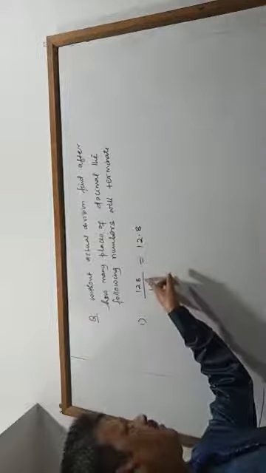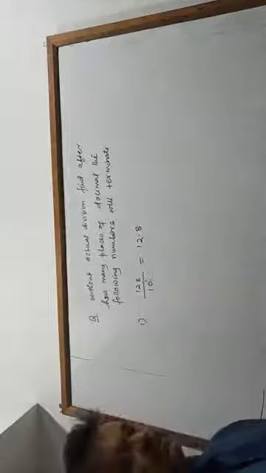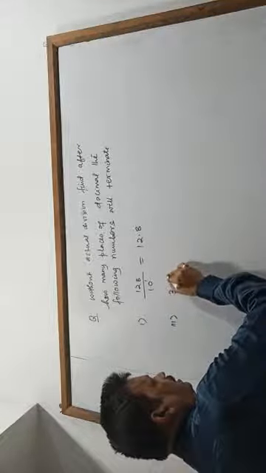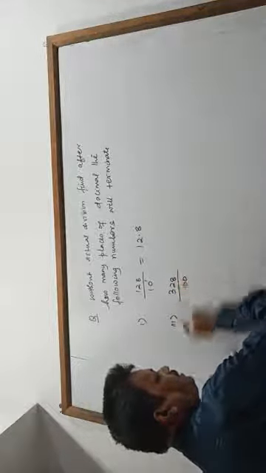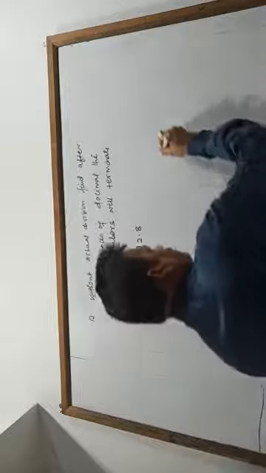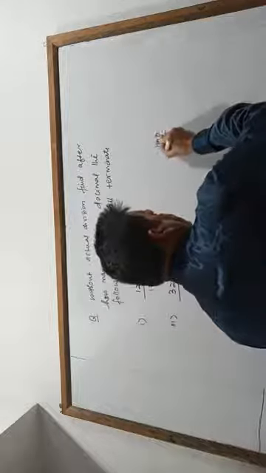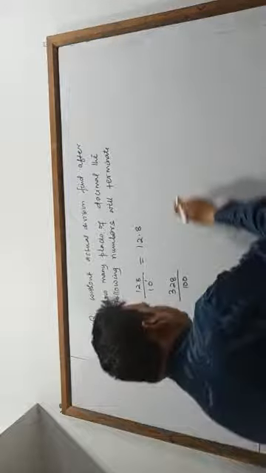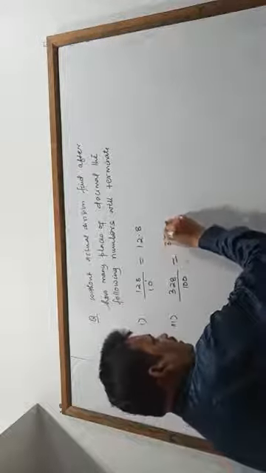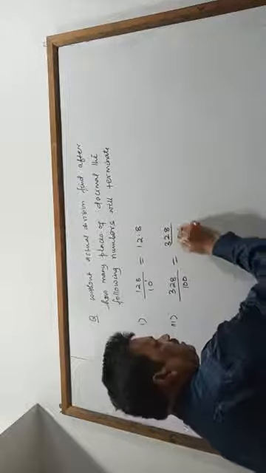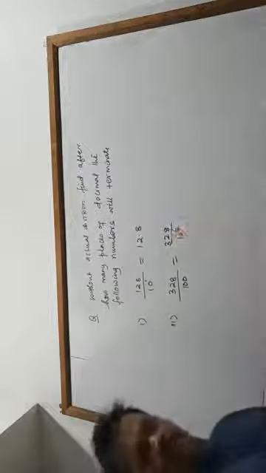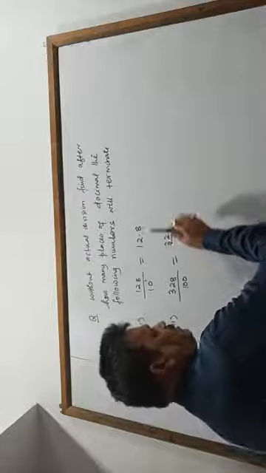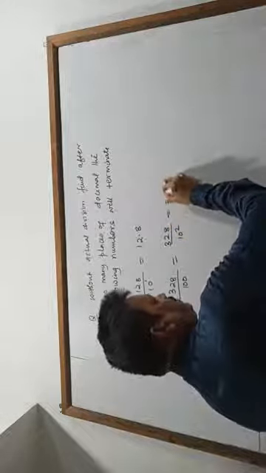If I have 328 by 100. 100, 2 zeros means 10 square. So 10 square means it will terminate after decimal 2 digits, that is 3.28.